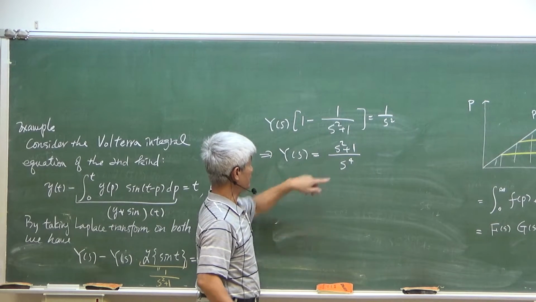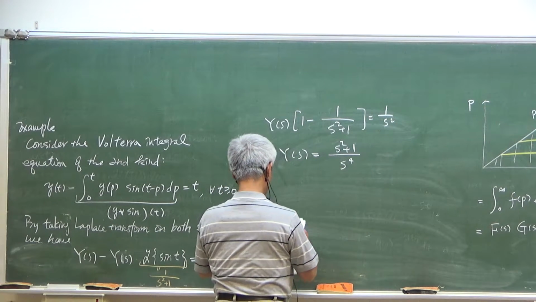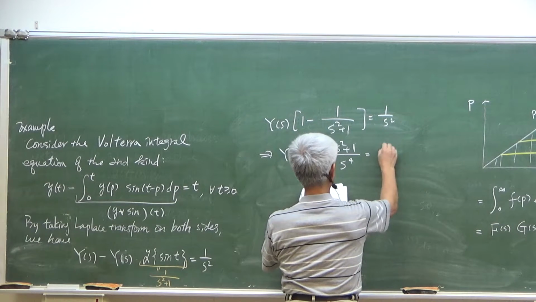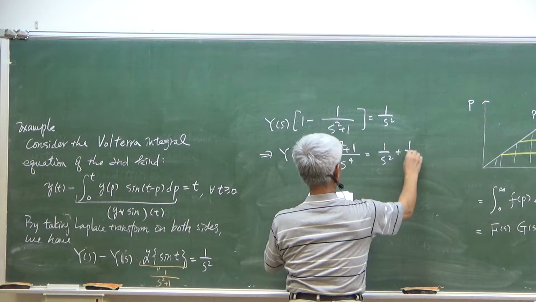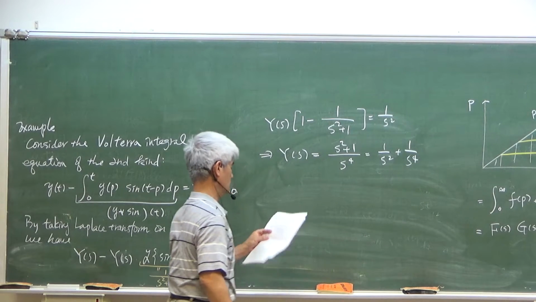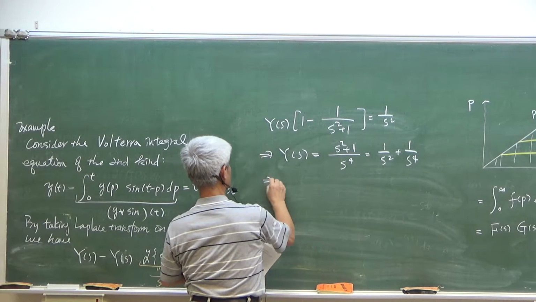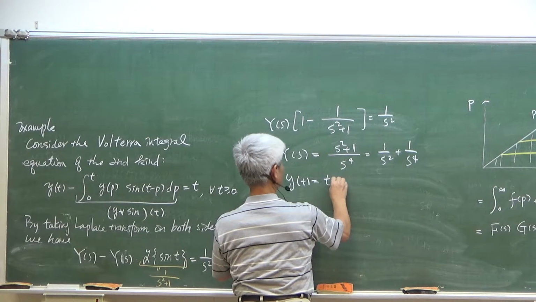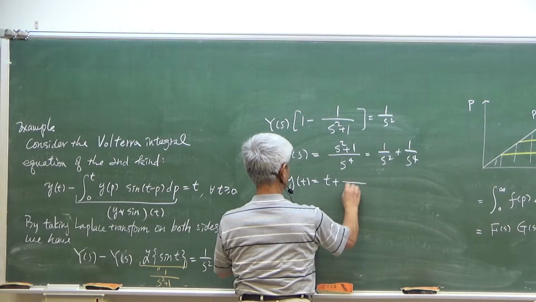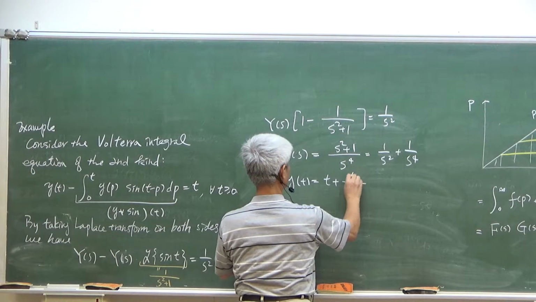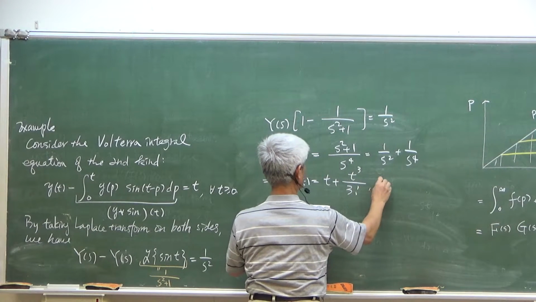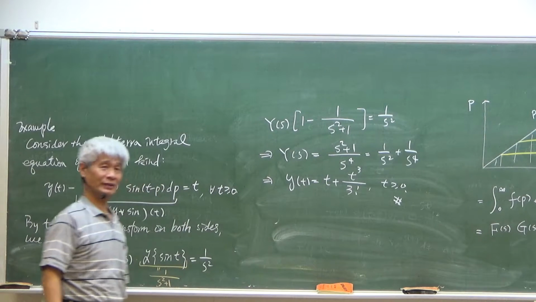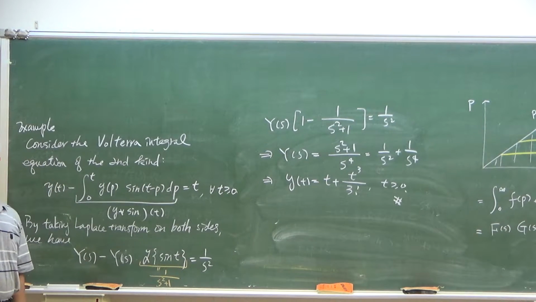So now we have this one, and y of t becomes t plus t cubed over 3 factorial, and you solve your problem quite easily.